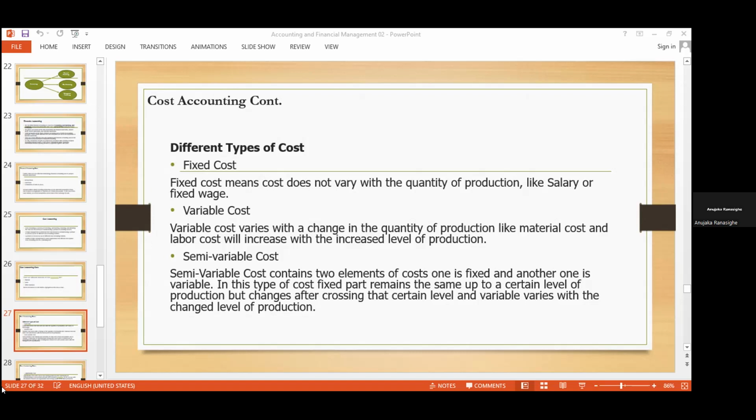Semi-variable cost maintains two elements of cost, one fixed and another variable. In this type of cost, the fixed part remains the same up to a certain level of production but changes after crossing that level, and the variable part varies with the changing level of production. That is called semi-variable cost.